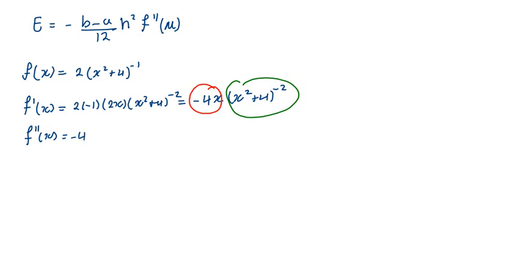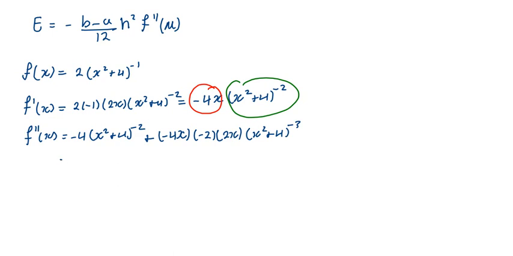Then I write the other one the way it is, x squared plus 4 to the power negative 2. Then plus, I keep minus 4x the way it is, and differentiate the other part: the power drops, which is minus 2, multiplied by the derivative of the inside part, which is 2x, then x squared plus 4 to the power reduces by 1, that would be minus 3.